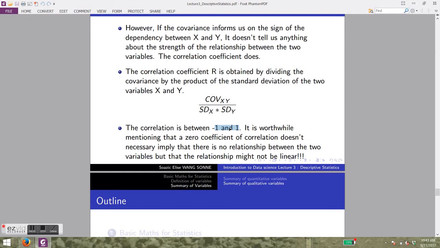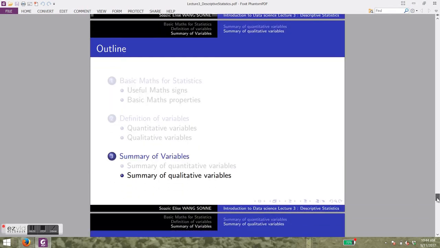And if it's close to 0, it means the linear relationship between x and y is not strong enough. And I'm insisting on the term linear because a 0 coefficient of correlation doesn't necessarily imply that there is no relationship between the two variables, but that the relationship might not be linear. This is very important for you guys to understand.